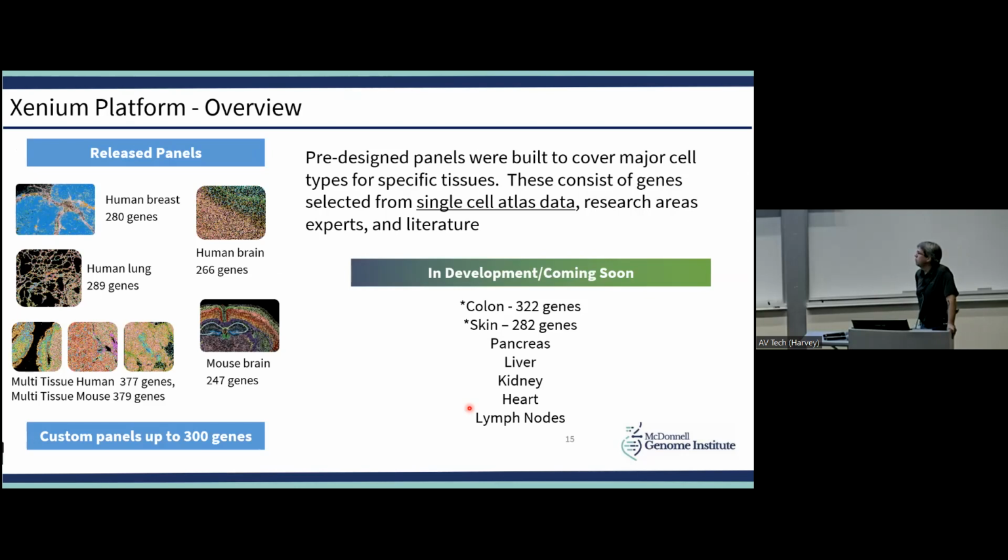Bob mentioned the part about the pre-designed panels, and I want to talk a little bit about designing your own custom panel, because there are some considerations here. When we've talked to 10x about this, they've made it very clear that even when they do their design, they say they've used information from Single Cell Atlas and researchers and experts and literature, et cetera.